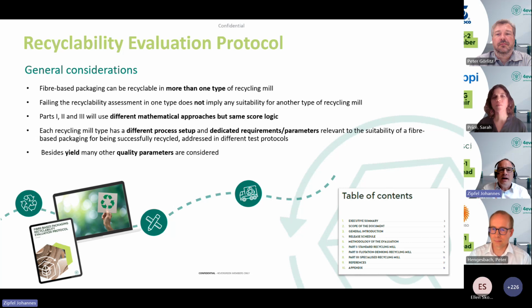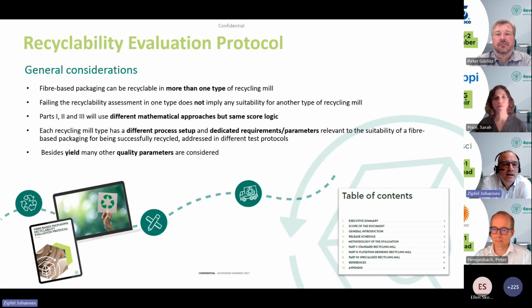That does not imply any suitability for another type of recycling mill. So these tests are different and independent from each other. They also, as you will learn in the next slide from Peter, have the same score logic, but they use different mathematical approaches. That's also very important to mention.